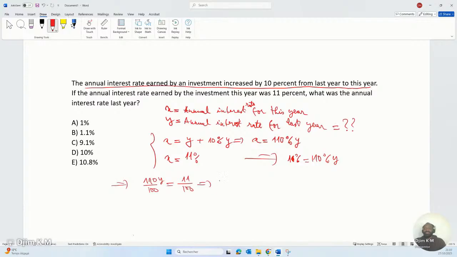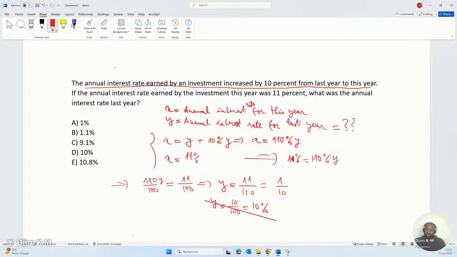That means y is equal to 1 over 10, so y is equal to 10 over 100 or 10%.